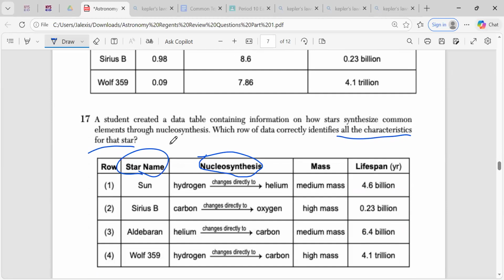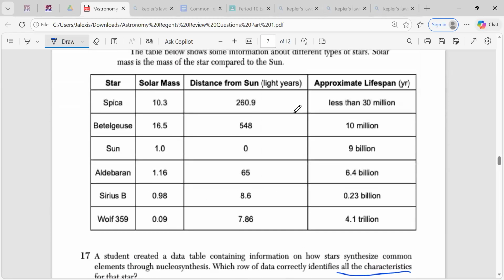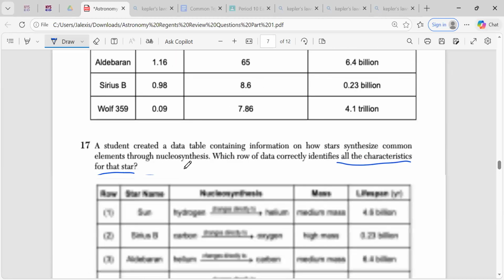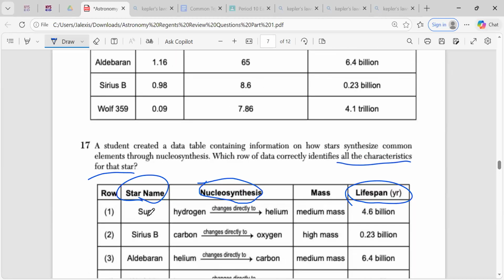I see lifespan, that can match up just by that alone. And I see something about solar mass, but I'm going to get to that. So I see our sun. We're going to skip the nucleosynthesis for right now. And it says it's a medium mass, and a lifespan of 4.6.